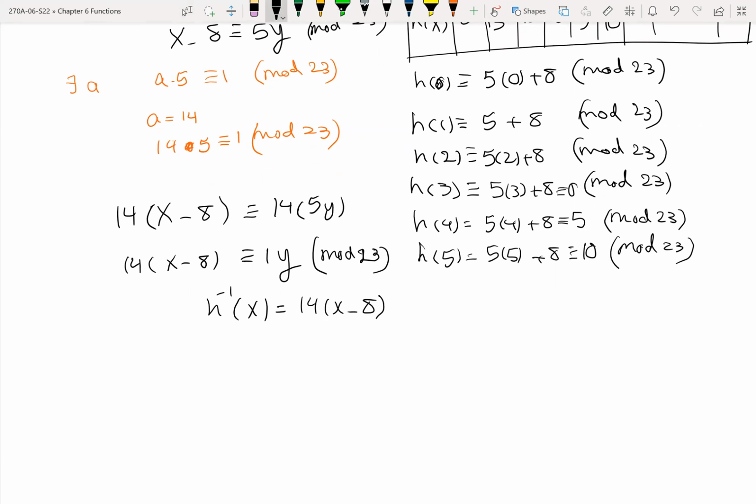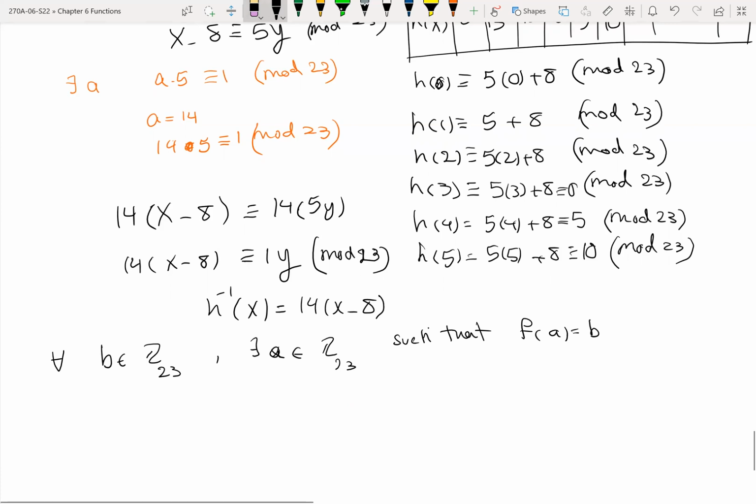There are 23 elements, 0 to 22, or Z sub 23. Okay. So you have to say for all b's chosen from Z sub 23, there should be one a chosen from Z sub 23 such that h of a equals b, right?